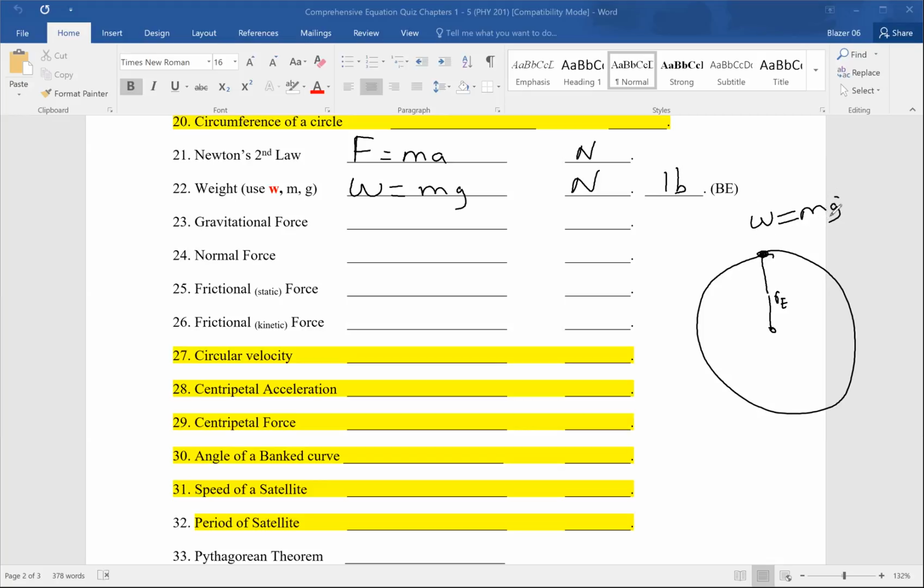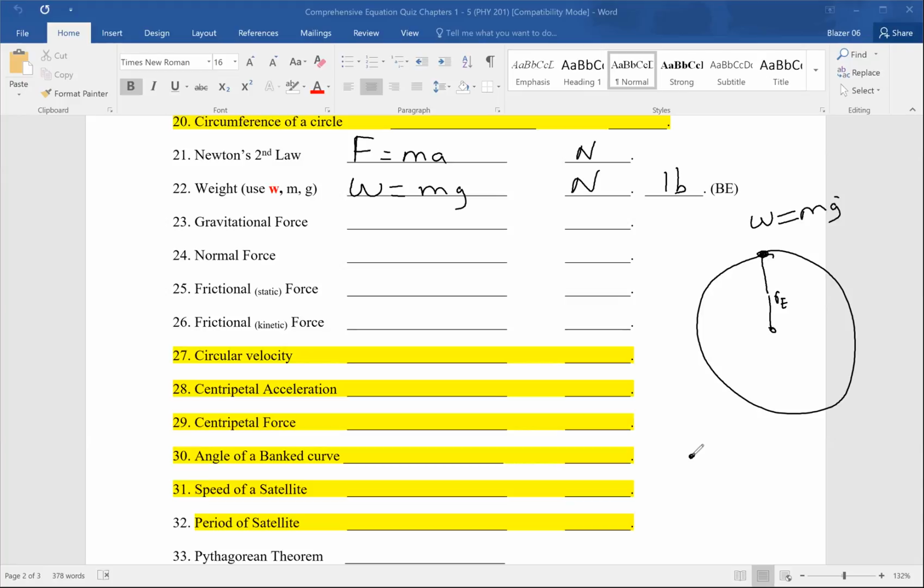But we can solve it based on what we were given, because we also know, as I just said, that the weight is the gravitational force between that object and the two objects. So now what the author is saying is that to find the weight on the moon, we must find the gravitational force between that object and the moon.